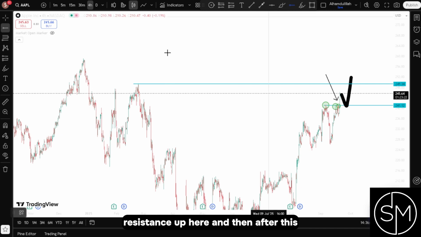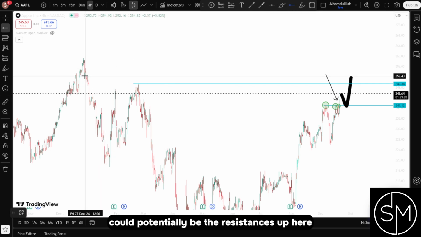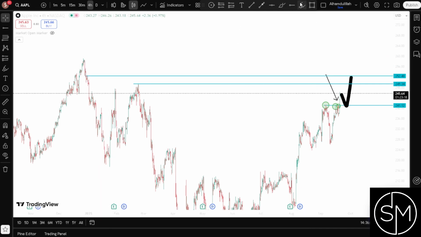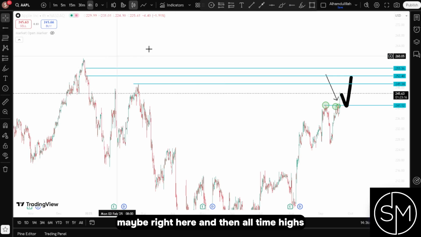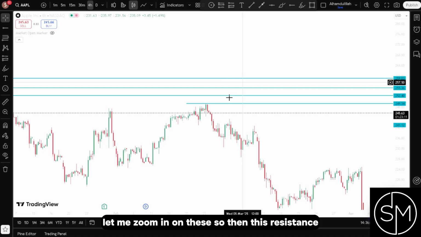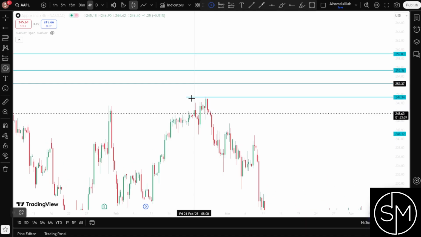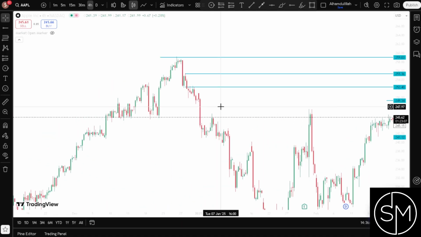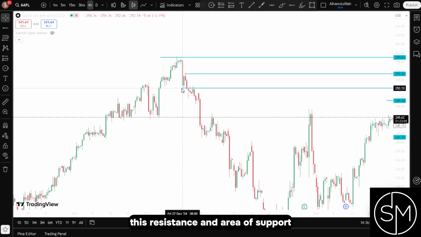And then after this could potentially be the resistances up here, maybe right here, and then all-time highs. Let me zoom in on these. So then this resistance and area of support.